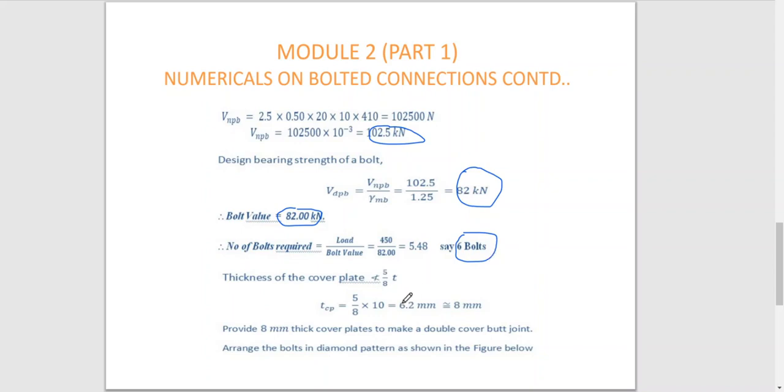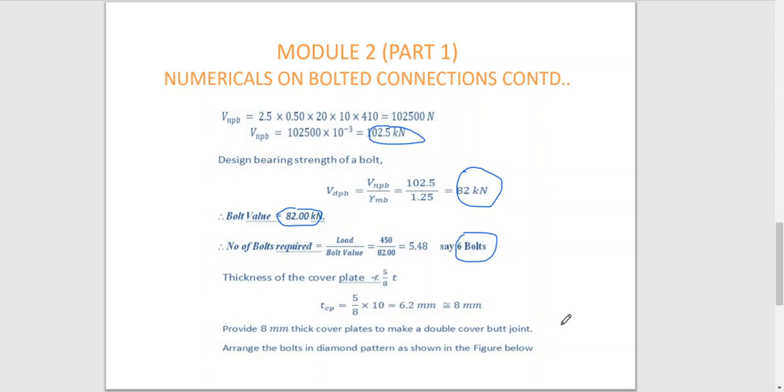The thickness of the plate here is 10 mm. So 5 by 8 into 10 comes to 6.2, so it is nearly 8 mm. Provide 8 mm thick cover plates to make a double cover butt joint.